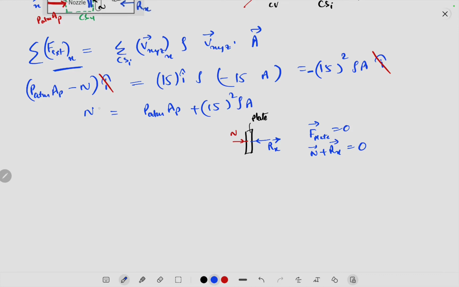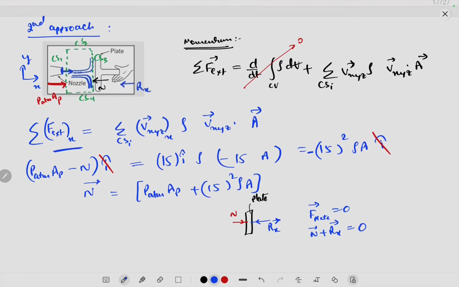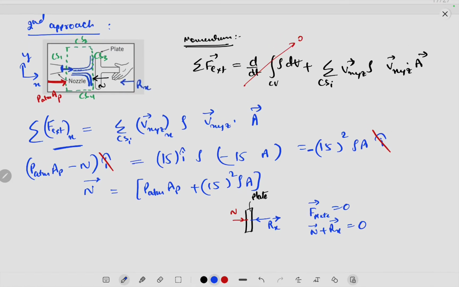Now this N vector that we found is along minus I hat, because I assumed this N to be directed this side.